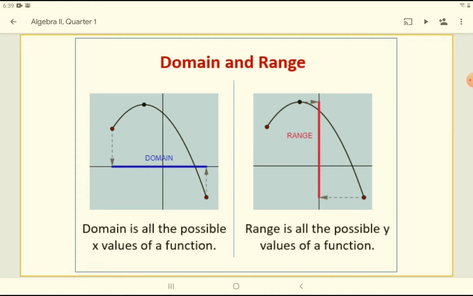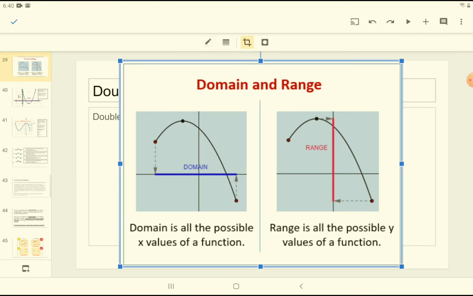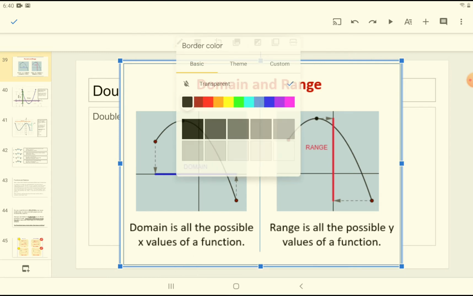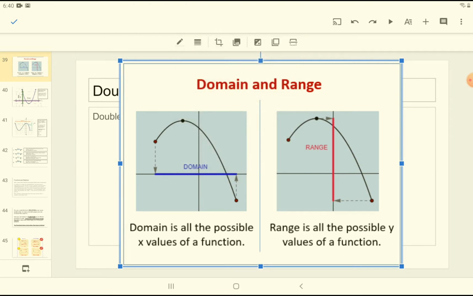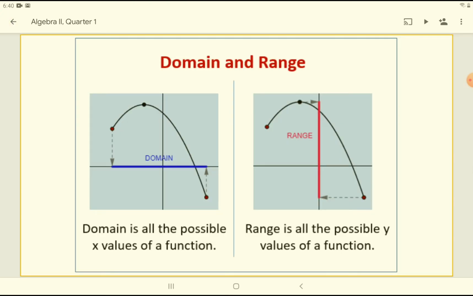So this curve right here on the left-hand side, this is the leftmost point right here. So you span across left and right to find the domain.